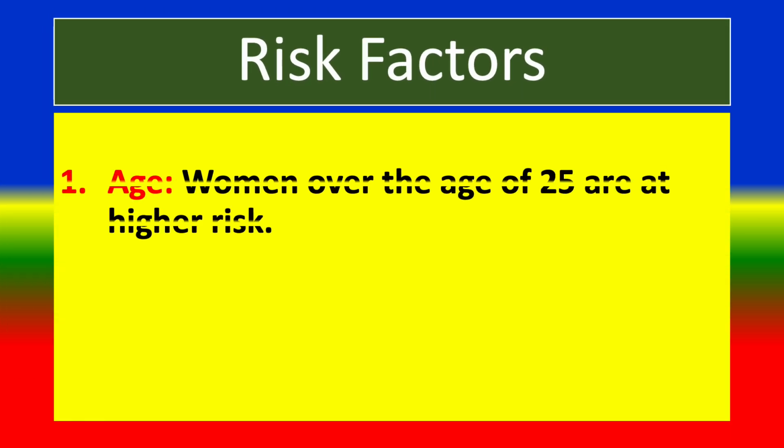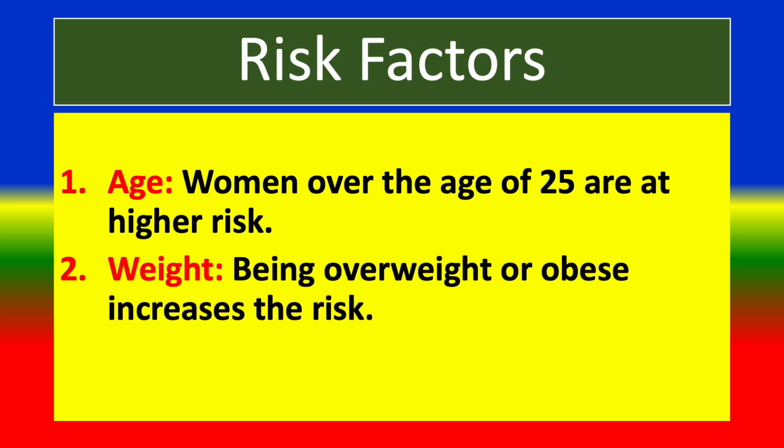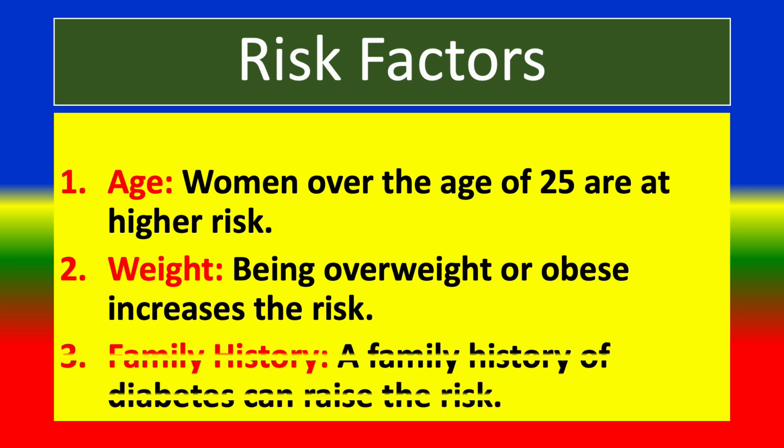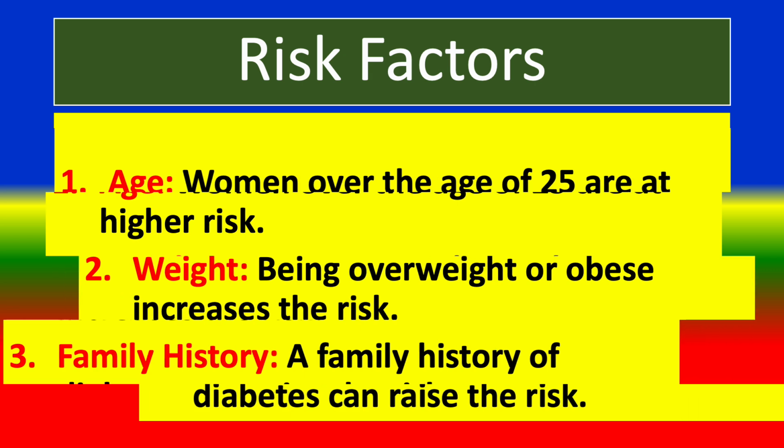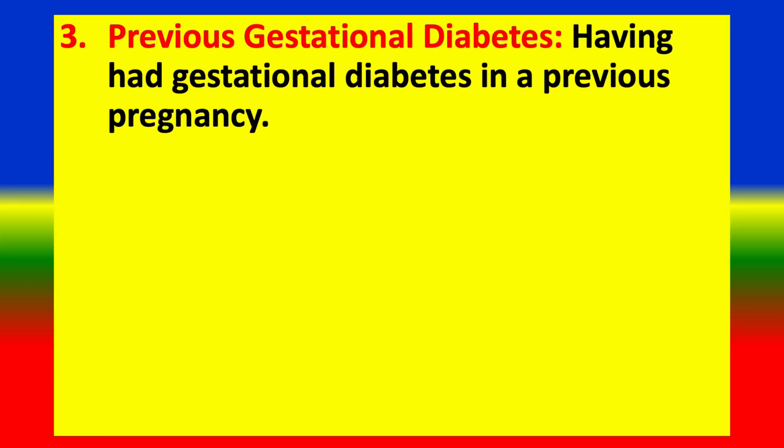Risk factors. 1. Age. Women over the age of 25 are at high risk. 2. Weight. Being overweight or obese increases the risk. 3. Family history. A family history of diabetes can raise the risk. 4. Previous gestational diabetes.